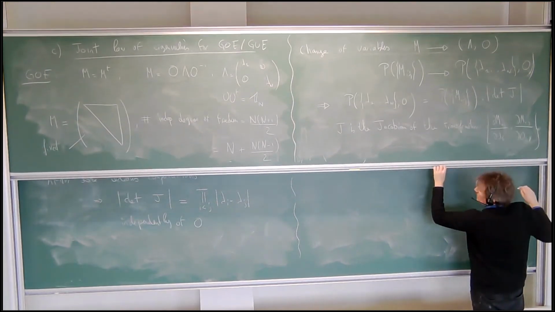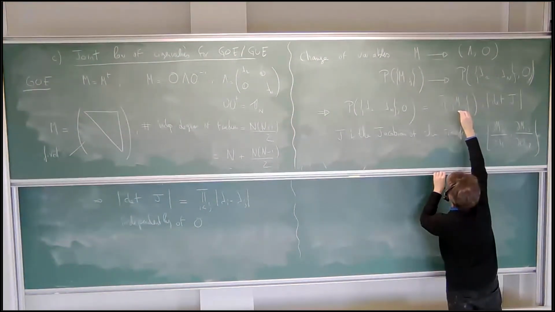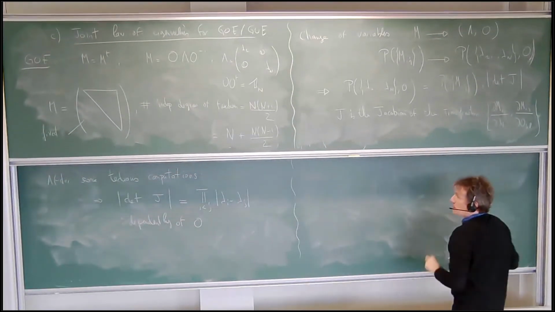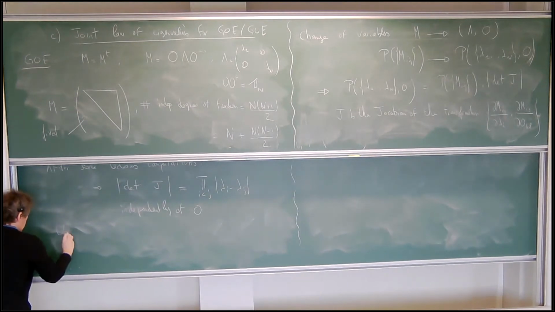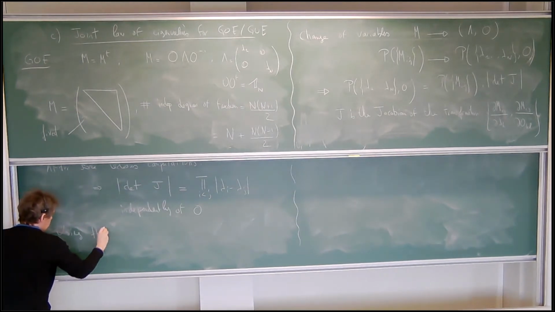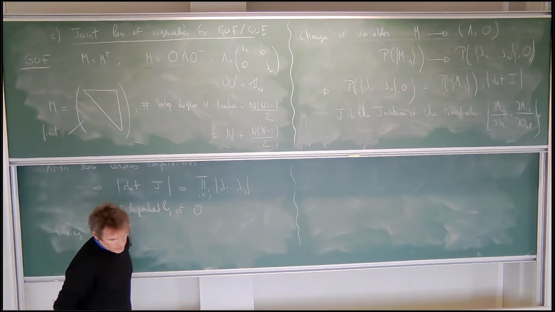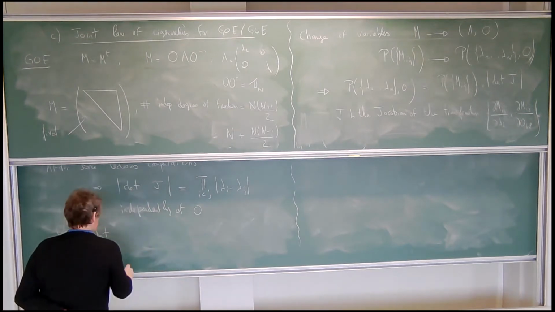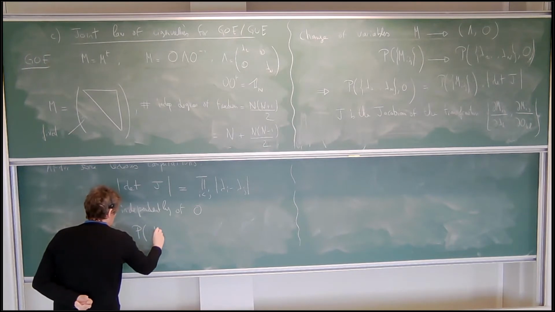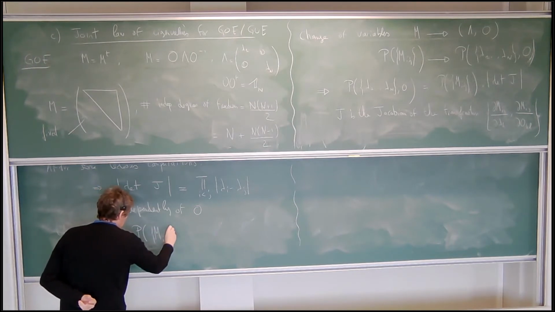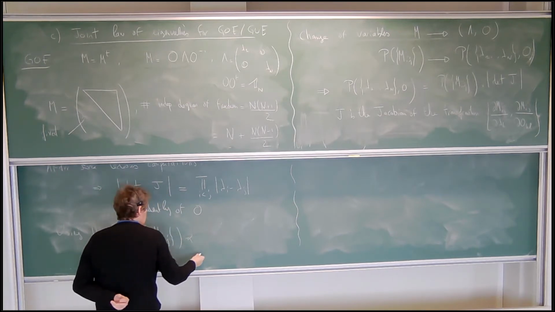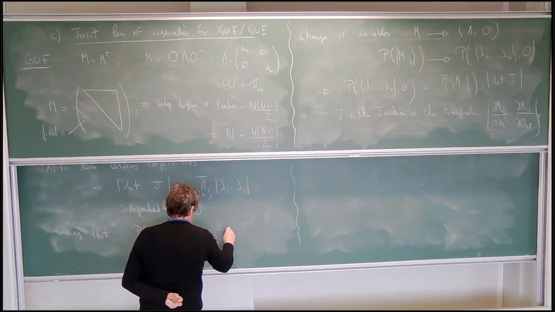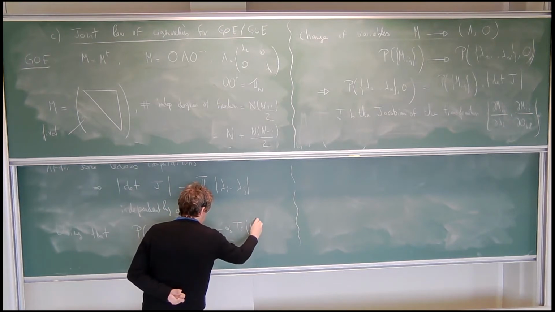Okay, and well, this guy you see is relatively simple to compute because we looked at the GOE ensemble, okay, and what we had is that this was proportional to exponential of minus, say, what I called alpha 1, trace of m squared, okay?